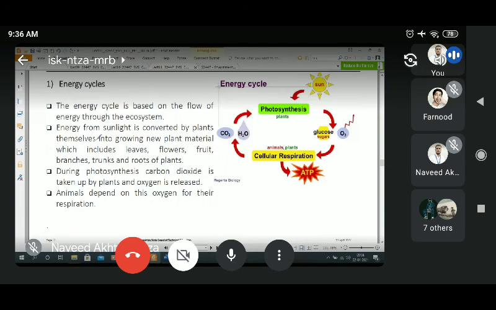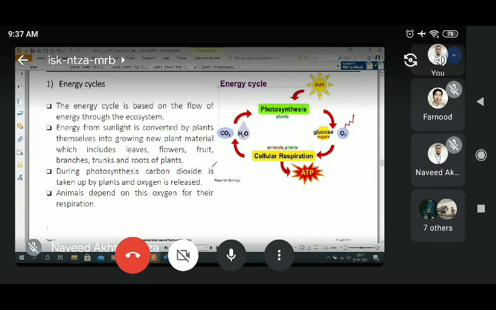When it comes to the energy cycle, you can see through photosynthesis, the plant takes carbon dioxide and water from the earth and sunlight from the sun, and it produces glucose, sugars, and also oxygen released into the environment, which is useful for the consumption of animals and living organisms.